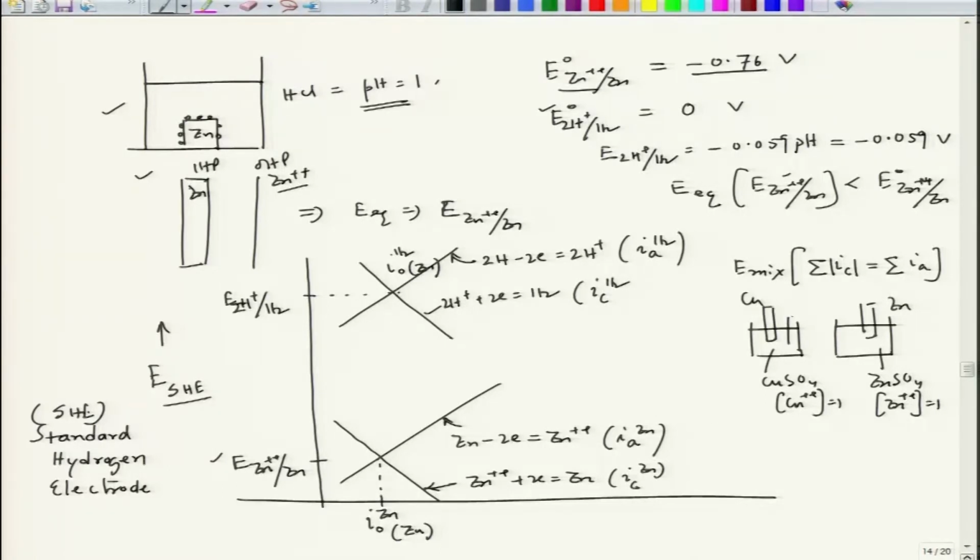Now, if we connect with the salt bridge, and now if we connect them with a conductor, if we put an ammeter here, we will see that the current is flowing this way. This is the system current, and the electron flows this way. So, now the electron flow corresponds to IC and the current flow corresponds to IA.